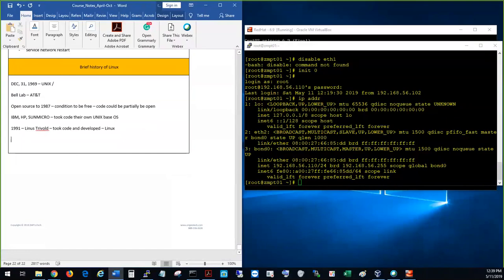Okay, so let's see here. IBM has their version. It's called AIX. Okay, the IBM version is AIX. And you have to purchase the hardware from IBM.